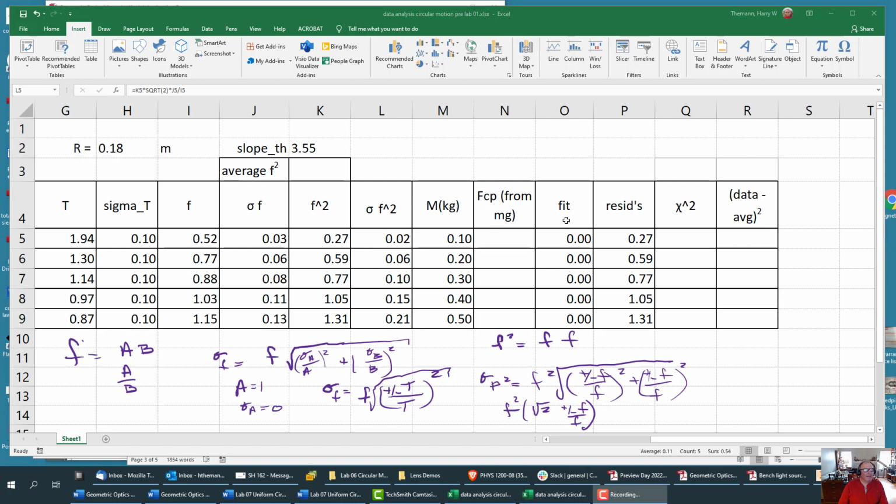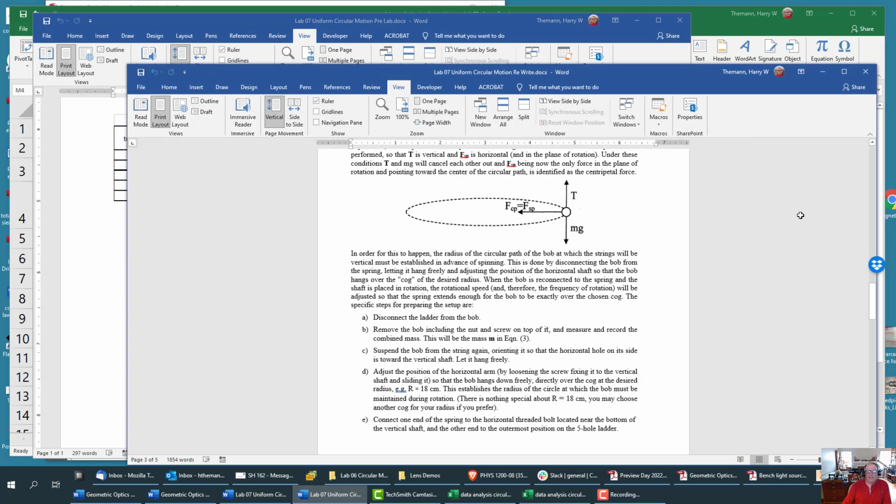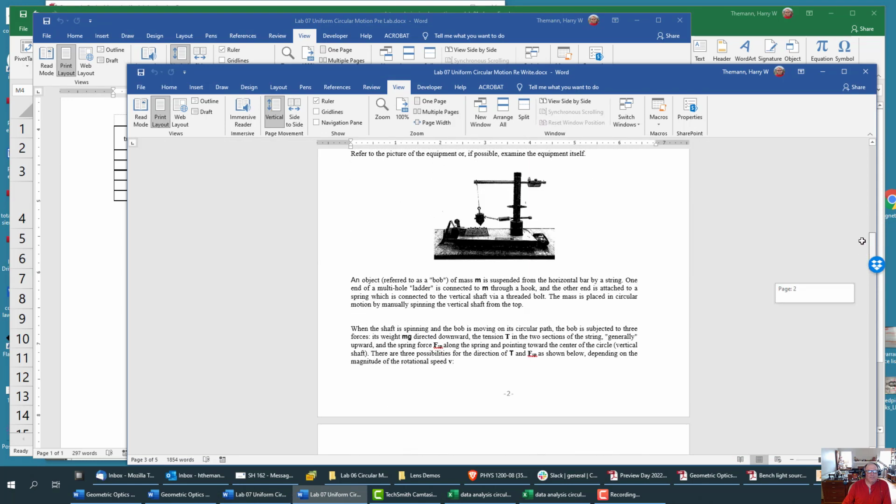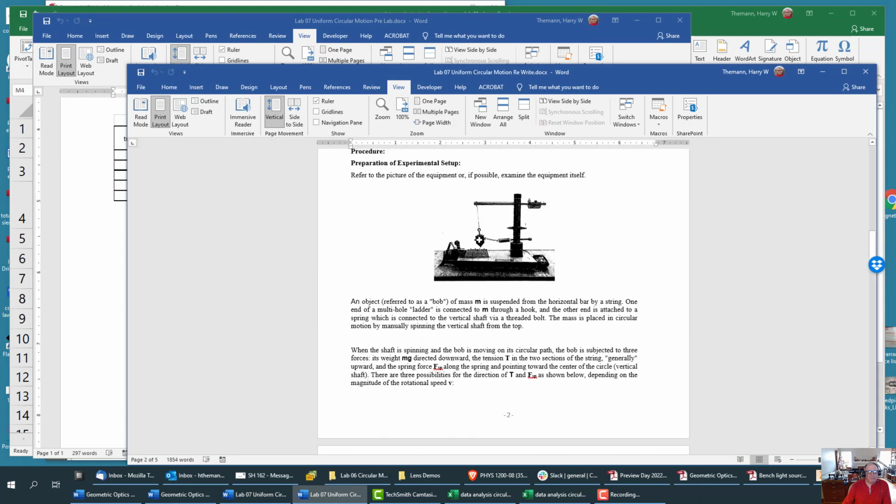So, in fact, we're going to be hanging some masses to help us to measure the force needed to stretch the spring. There is a mass of the bob, this thing that's going to be hanging down, but that is our mass for the spinning motion. There's a pulley thing here, and we're going to hang a weight.